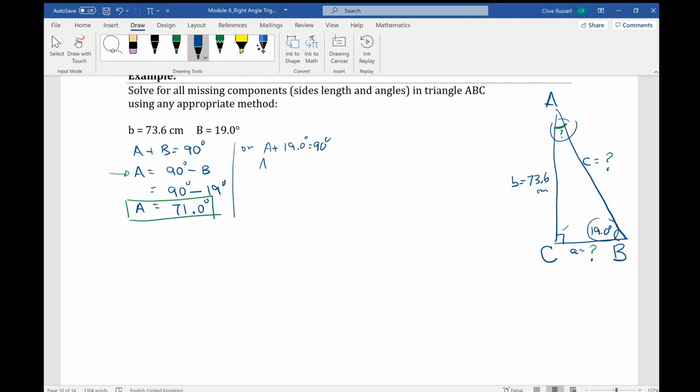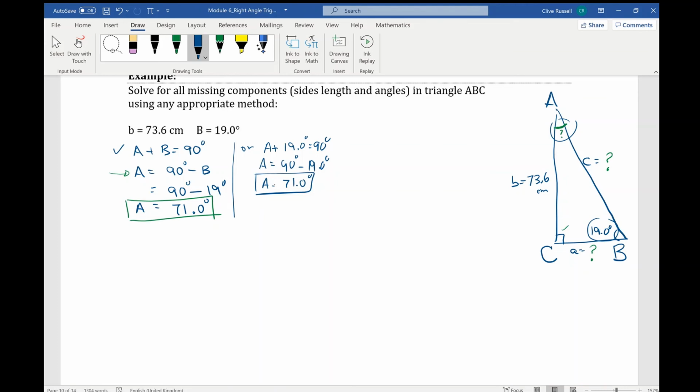So therefore A is 90 degrees minus 19.0 degrees, and we still get A is 71.0 degrees. So this is now plugging the value in first, then solving as I said previously. But in the first case, I isolated for A first, then plugged the value in. So it makes no difference.